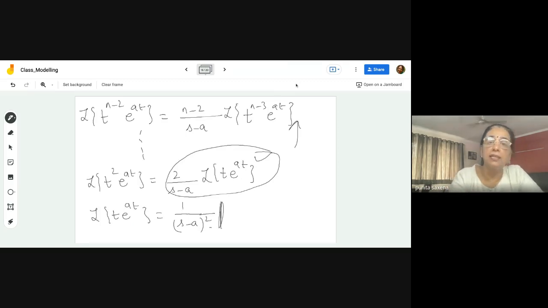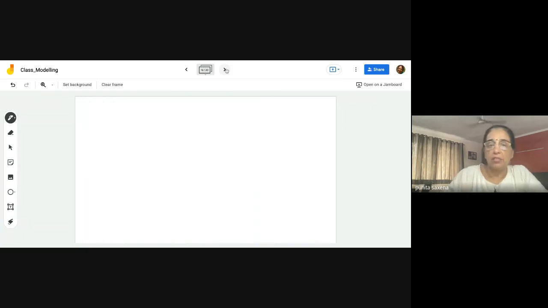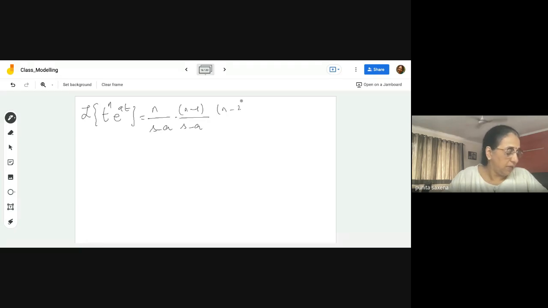It will come out this way. You will get Laplace transform of t to the power n e to the power at will actually be, what was the first term? n upon s minus a. The second will be n minus 1 upon s minus a. Then n minus 2 upon s minus a, and so on, 2 upon s minus a and 1 upon s minus a squared.